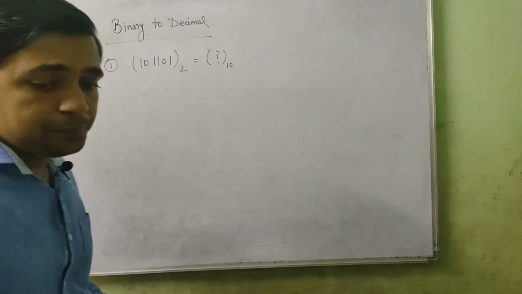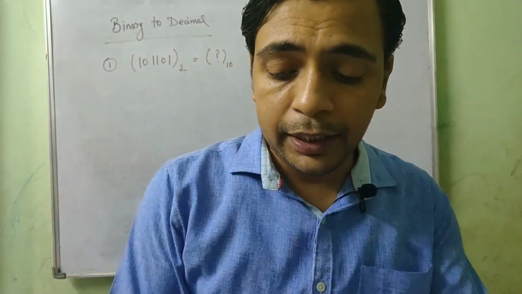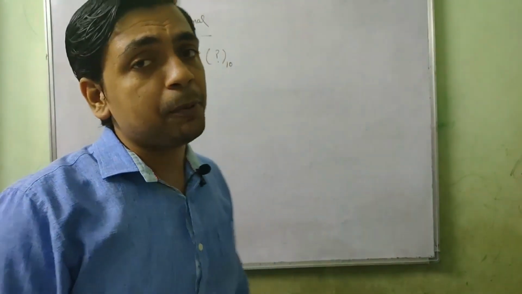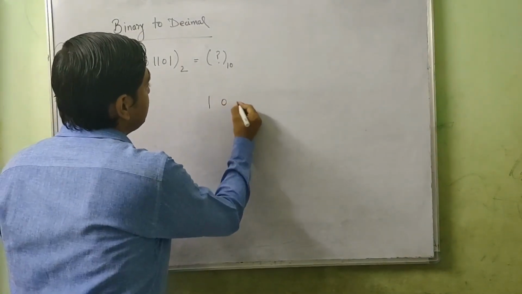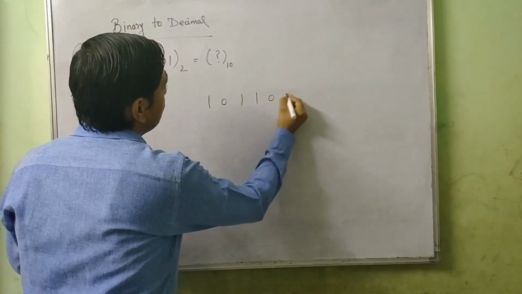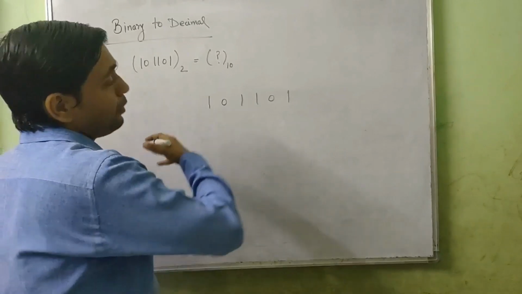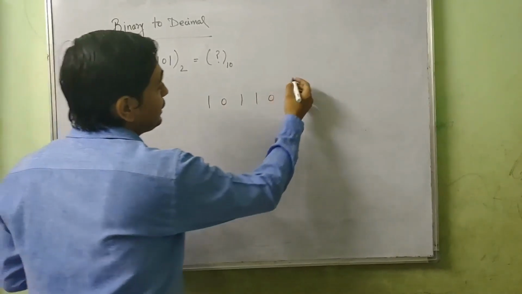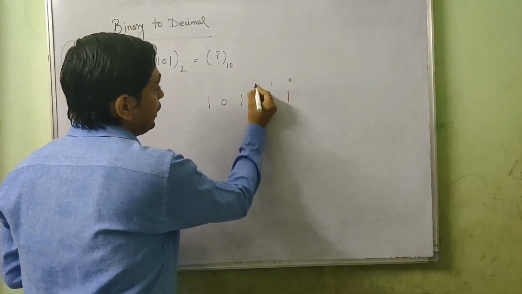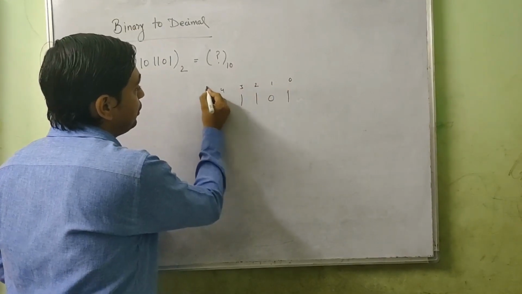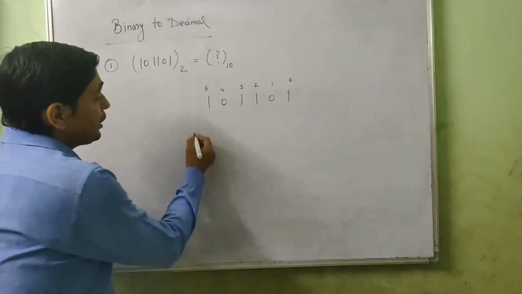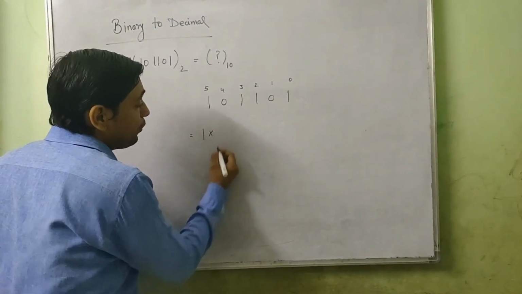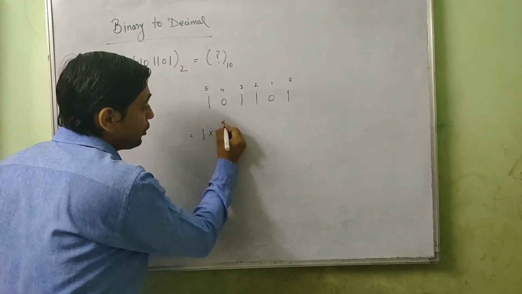Now I told you that there is a power for every position, right? So the same power we are going to provide to every digit position in the binary number 101101. We will provide powers from the rightmost side starting from 0. So it is 0, 1, 2, 3, 4, 5. Now you will multiply each digit with 2 to the power assigned to it.